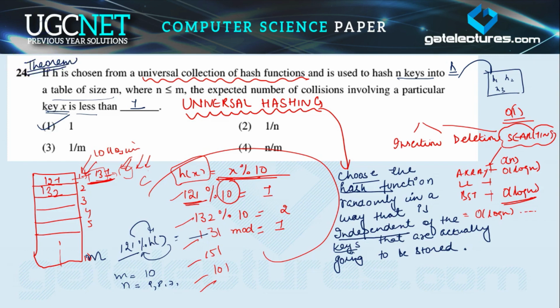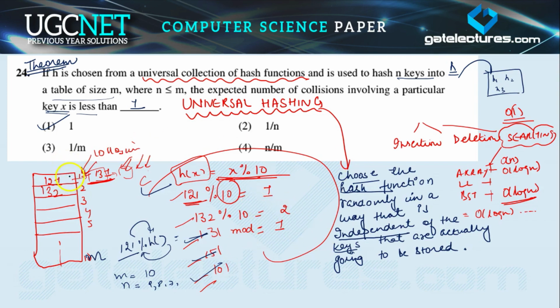Okay, so in the initial case we are using only one hash function for all the keys, but the problem is that this particular hash function places some particular keys like 121, 131, 151, 161 all at block 1, so it causes collisions.